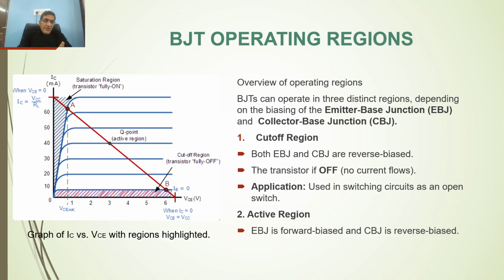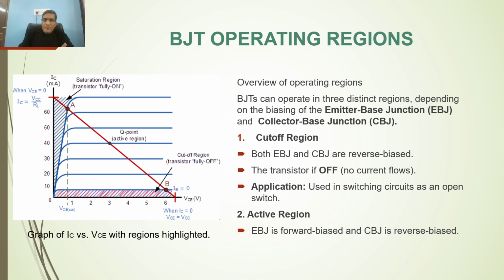As you see very carefully, the bottom of the curve, shown by the arrow, is the cutoff region. Cutoff means it is fully open, and the saturation region is fully on, and in the active region the current increases linearly with the voltage. So basically, we have three regions: active region, cutoff region, and saturation region.